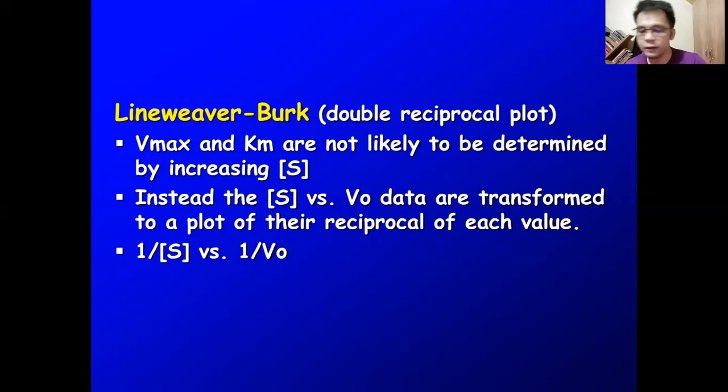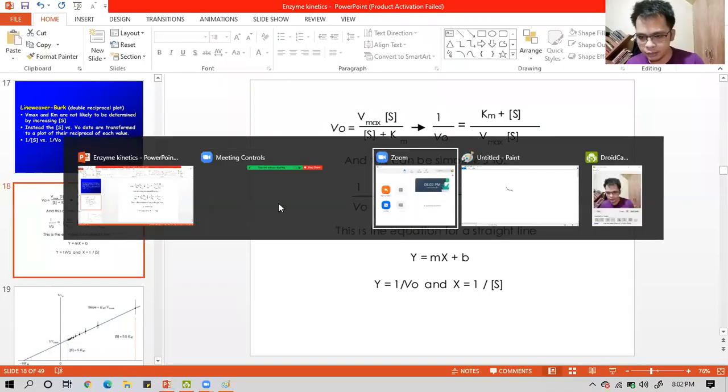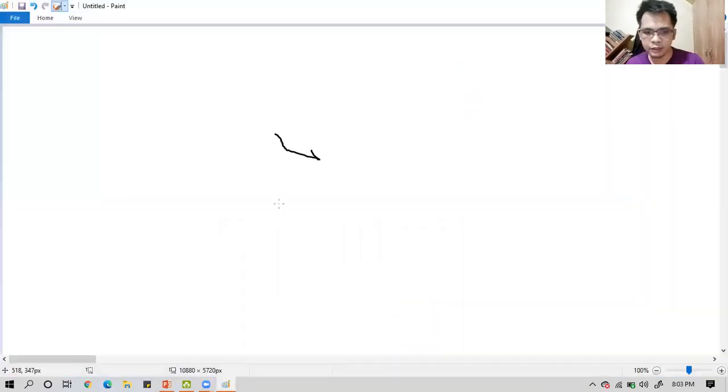The Lineweaver-Burk is actually a double reciprocal plot of the Michaelis-Menten equation. Let's cut to the chase. So how do we determine that? Let's write it down here so we understand better.